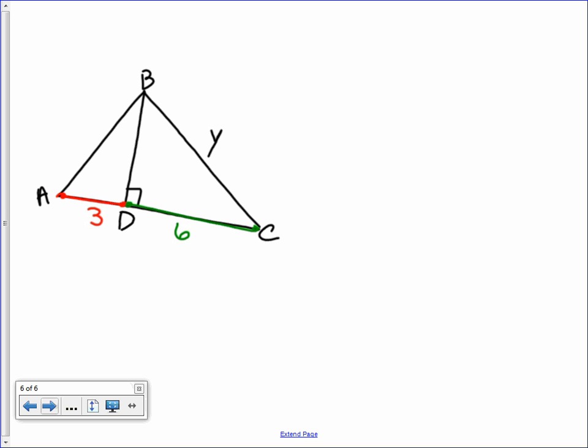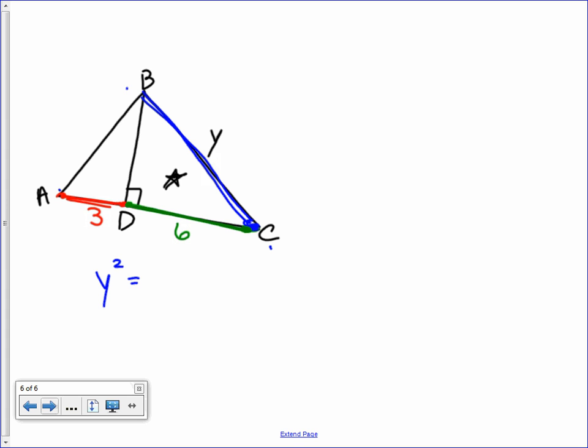Y is a leg on the big triangle ABC, right? So we put y squared first. Now, which piece is touching the blue piece? The green piece or the red piece? In other words, which piece is part of the same triangle as y?